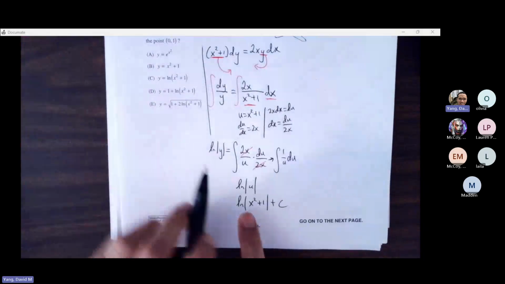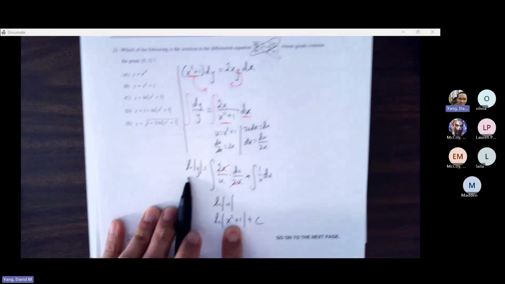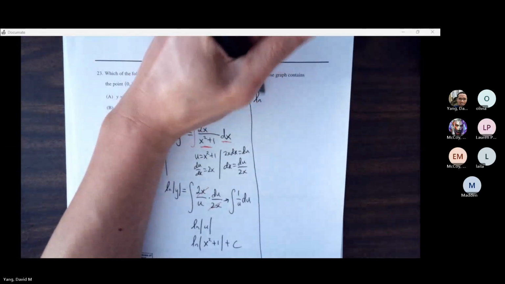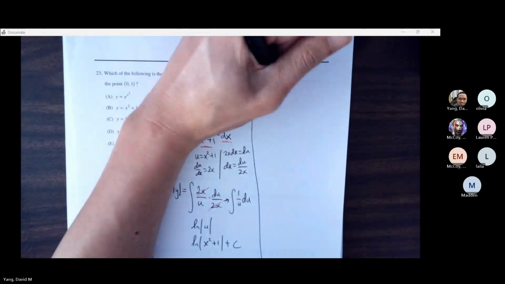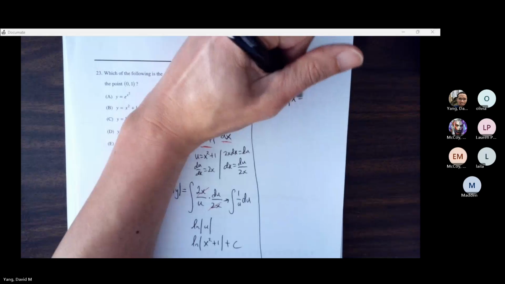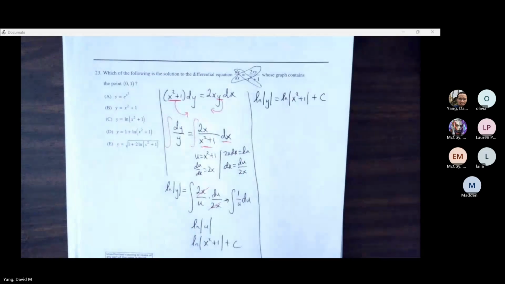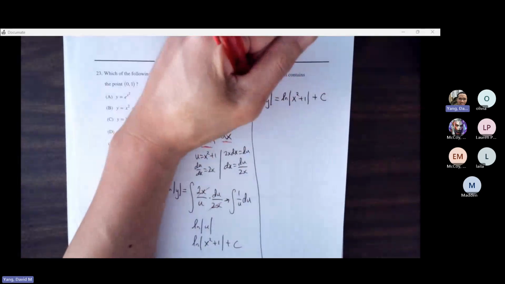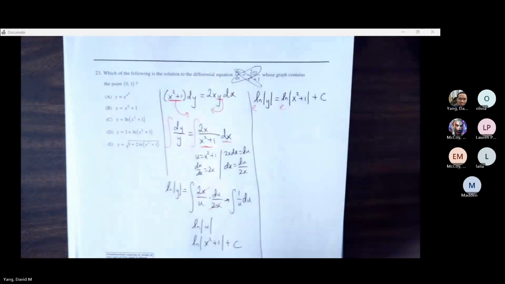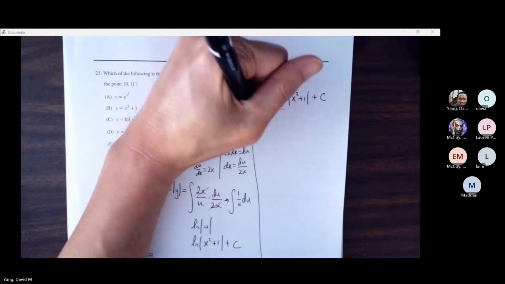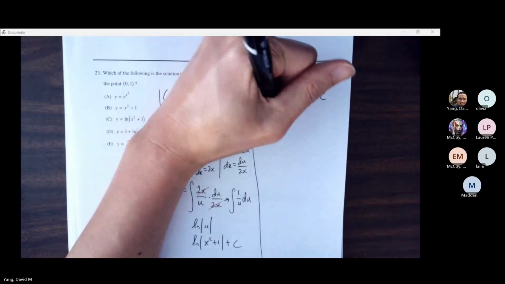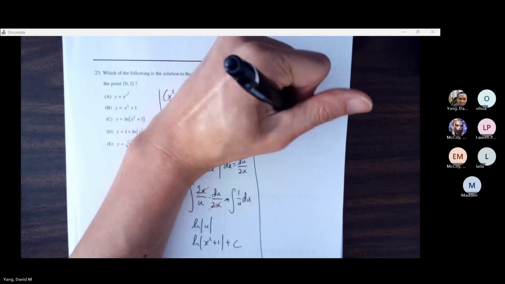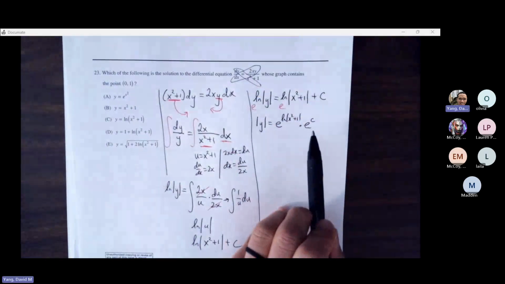Okay, let me reset here. We took care of the integral on both sides. We raise both sides with e as the base. We know this becomes c.